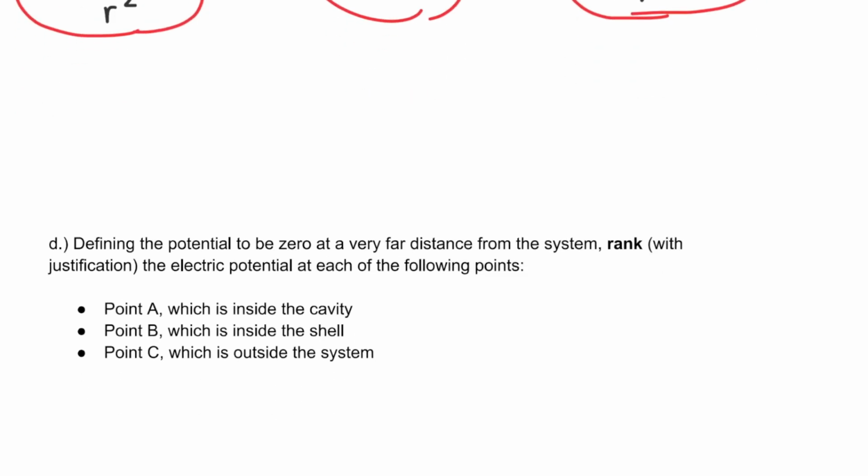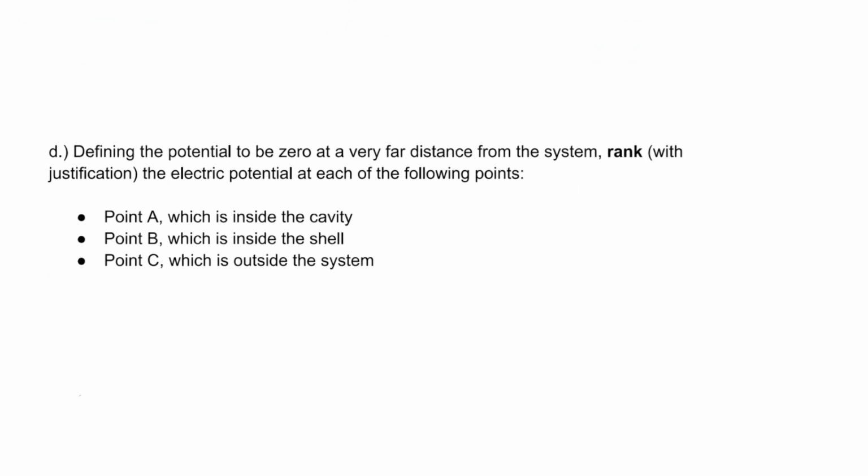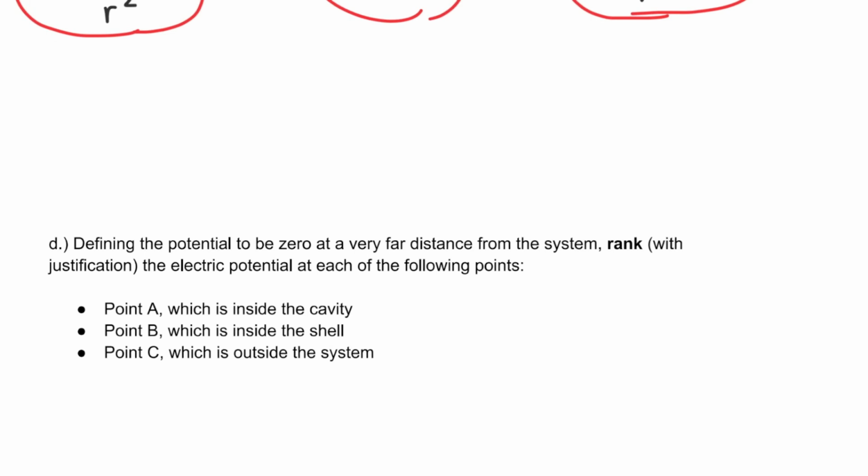So now we'll rank the potential inside the cavity, shell, and outside. To do this, I think it works best just to have a picture. I would justify this by looking at the downhill definition of how E and V are related.